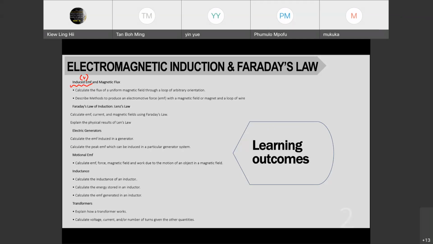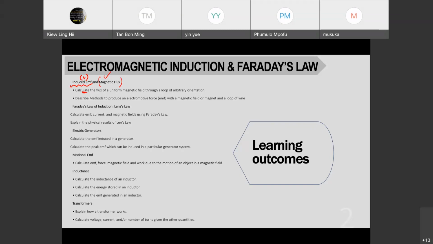Okay, and before we learn about induced current or induced EMF, there is one new term that you have to know, which is called magnetic flux. So you have to know how to calculate magnetic flux and how you would get the so-called free electricity.